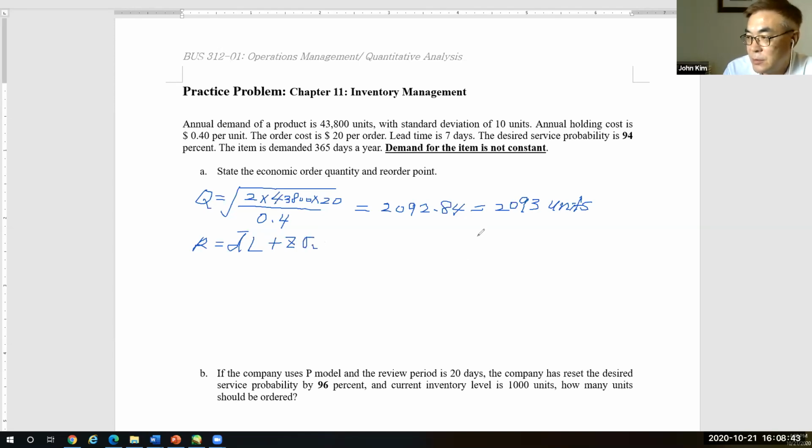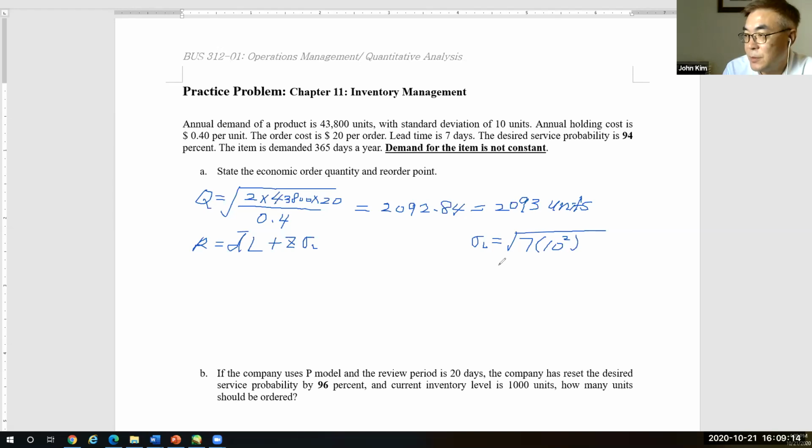So we need the standard deviation during lead time, equals the square root of lead time, which is 7 days, times standard deviation 10 squared.